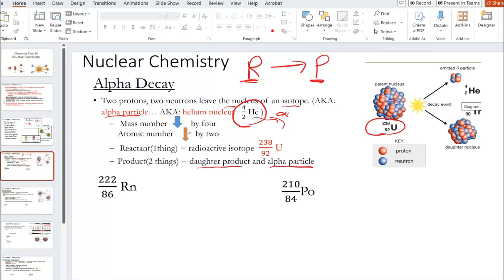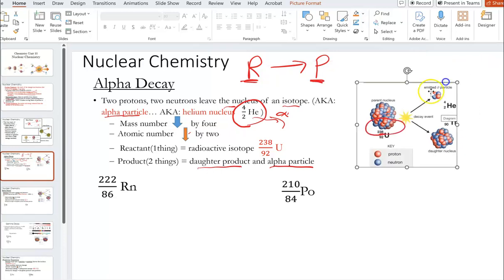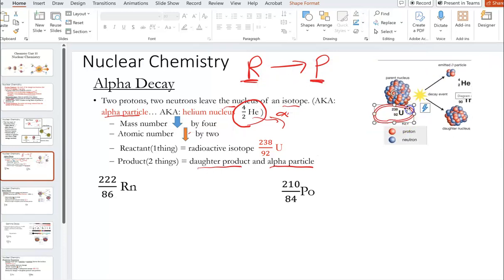I'm going to start with this guy right here, 238, so uranium-238. I don't have as much room as I thought, so I'll make a little bit of room here. Okay, so I'm going to start with my parent isotope, so uranium-238, 92. Now, I have a line here because that's the only way PowerPoint would let me do this form, but normally there isn't a line here.